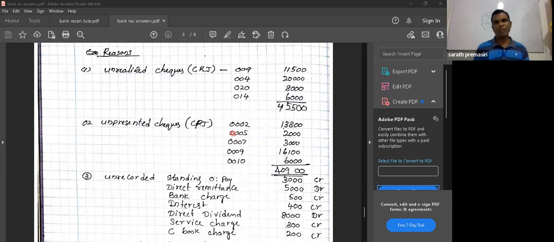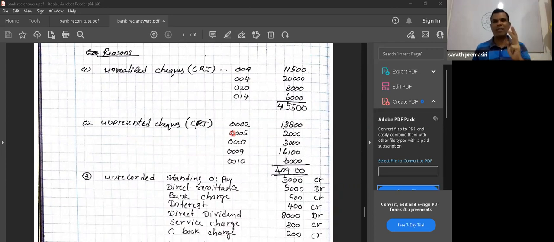Right. Now, after identifying all these, you see the items that made the difference. Just try to understand these unrealized checks, unpresented checks, unrecorded items, and errors. Keep it in mind: when you prepare bank reconciliation statements and adjusted cash control accounts, mainly 4 items can be detected.